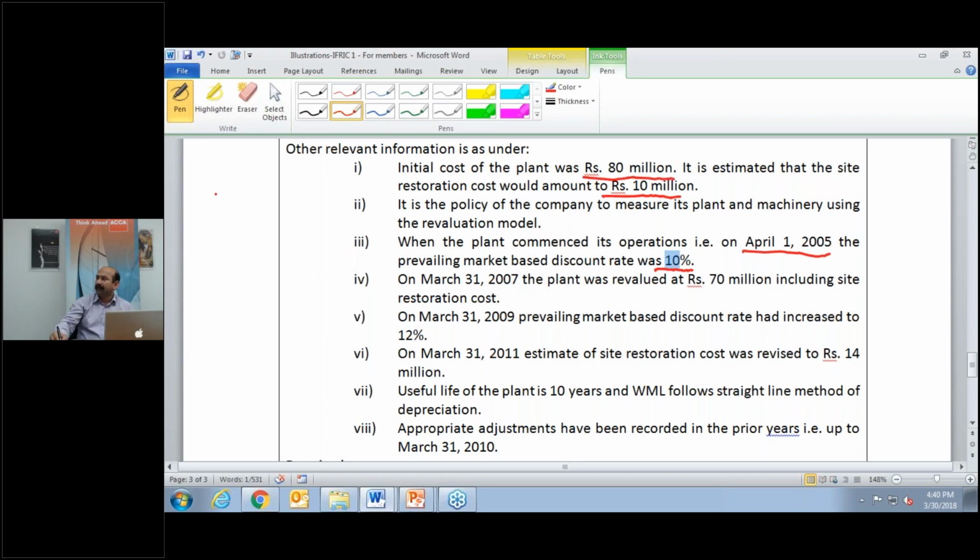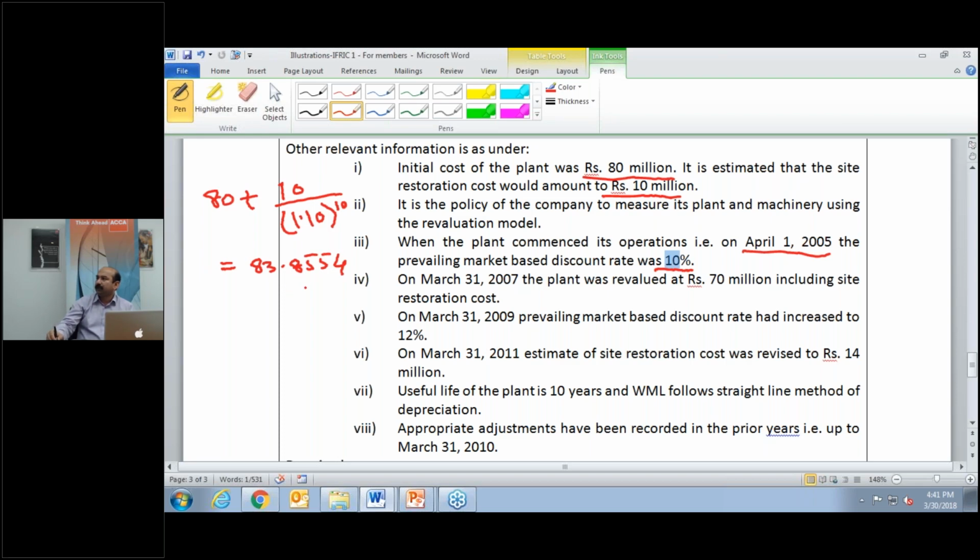What we will do, we will add 80 plus this 10 million divided by the discount factor, 1.10 raised to power 10. So this will give us the amount at which the asset is initially recognized. So this will give us 83.8554. So this is the cost of the asset on initial recognition.